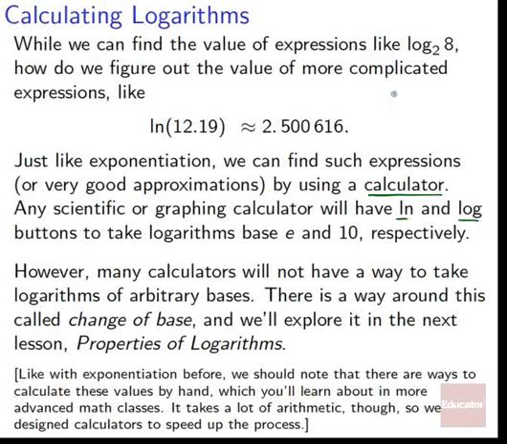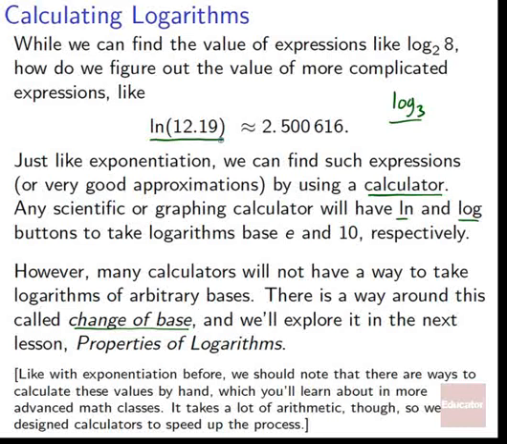So if we had like log base 3, most calculators won't have an easy way for us to just get log base 3 of some number. But there is a way around this, and it's called change of base. So if you do need to take the log base 3 of some number, check out the next lesson, Properties of Logarithms, where we'll explore how you can change from one base to another. So the way that you calculate complicated logarithms like this is you generally just use a calculator.